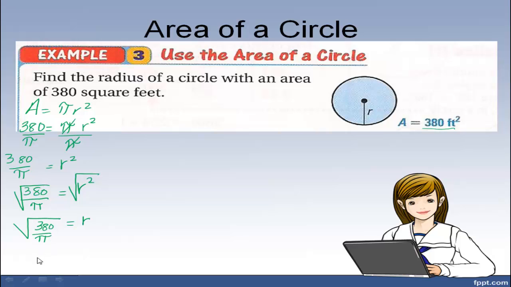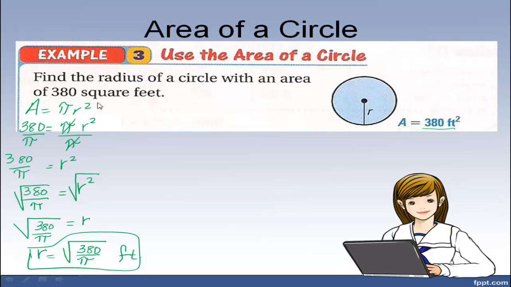And we always write our variable to the left. r equals the square root of 380 over pi. And this would be feet. Okay, so if they want you to leave it expressed in terms of pi, this would be your answer for radius.